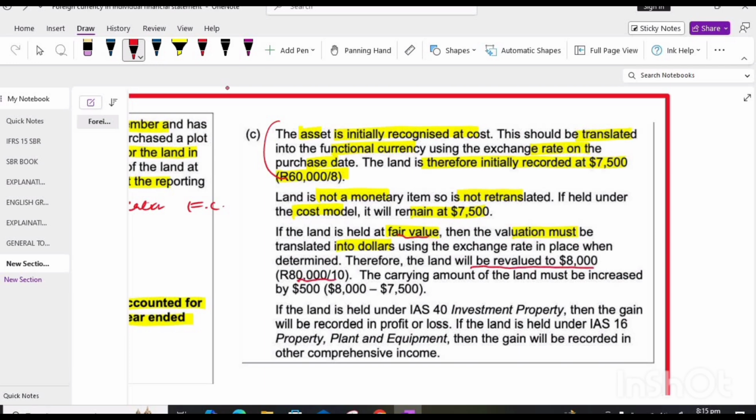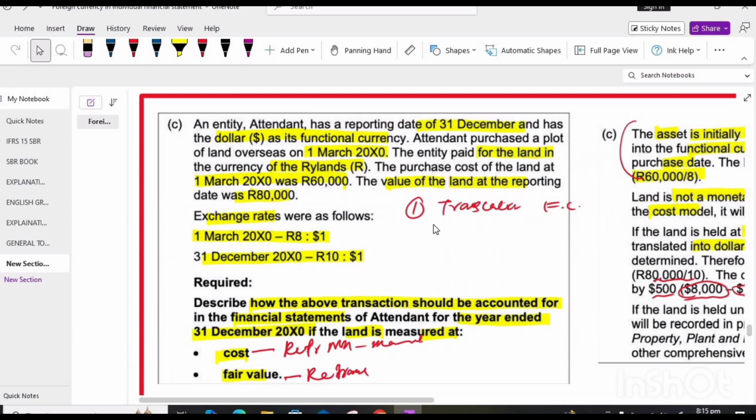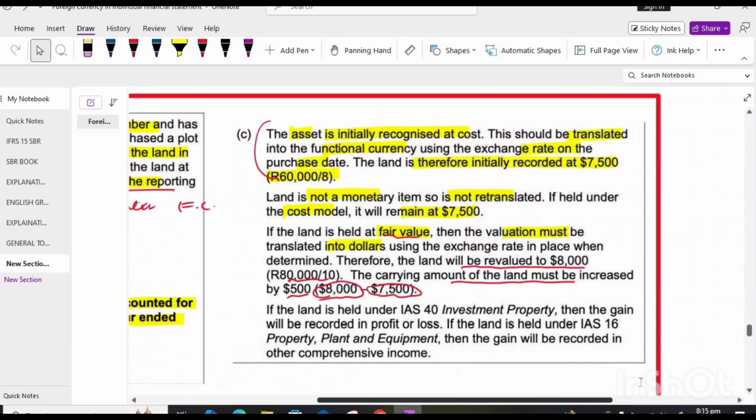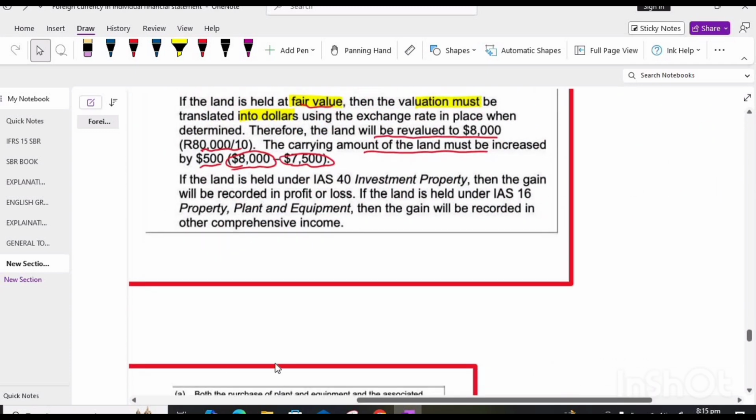Because the 80,000 amount should be retranslated and the carrying amount of the land must be increased by 500, because before it was this amount and now this amount increased to 800 because the land is revalued. So you see the value of the land at the reporting date is this amount. So this amount should be translated using this rate. Okay. So this is another very important question.